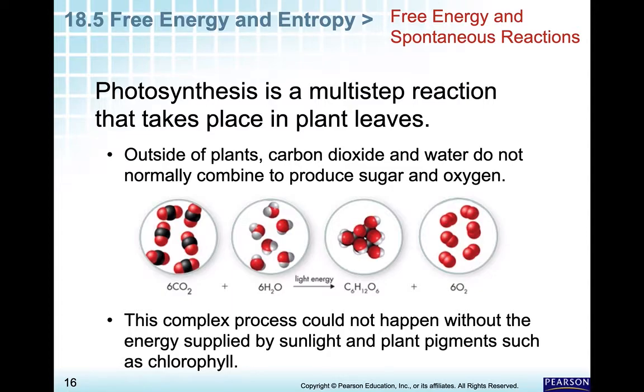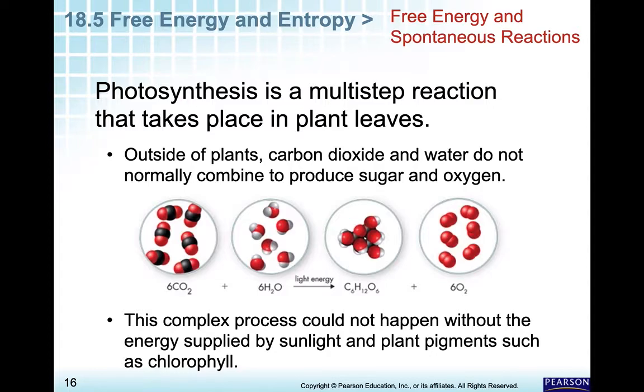That's the overall process of photosynthesis. The plants bring in carbon dioxide from the air, they bring in water from the ground, and through the process of photosynthesis, in the presence of light, they produce sugar, their fuel, and they produce oxygen gas.